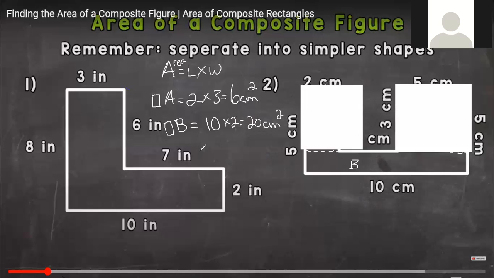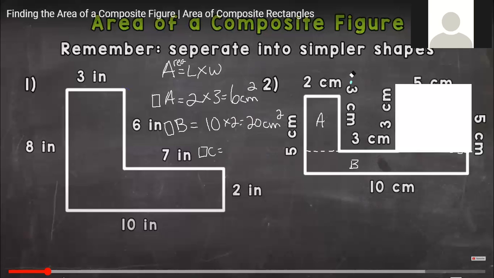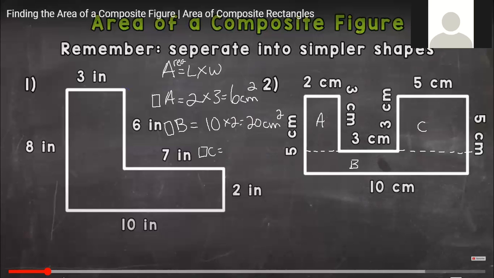So for square C, I hope somebody gives me the right answer because it's going to be the same as all of this. Let me erase that. So again, I just want to remind everyone, if this part from here to here on both sides is 3, and this to this is all 5, then this to this has to be 2, because 5 minus 3 equals 2.